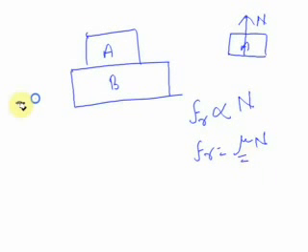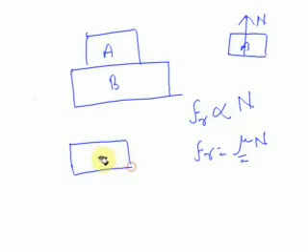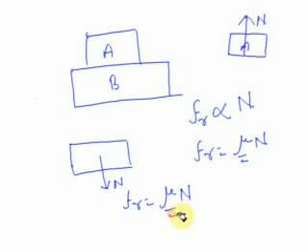Similarly, on block B, the normal force will be the same, that is n, and the friction force Fr will be mu n. Now the value of mu is dependent on the nature of surface of contact, so between two different surfaces the value of mu will change.